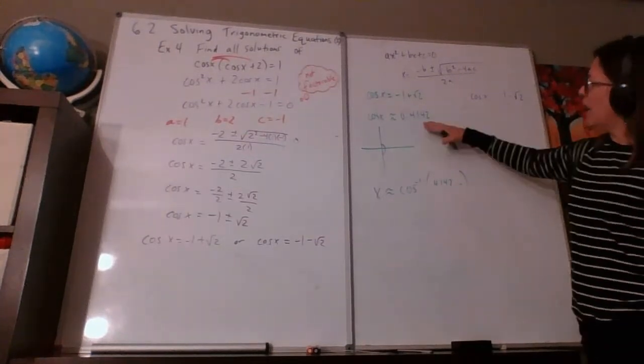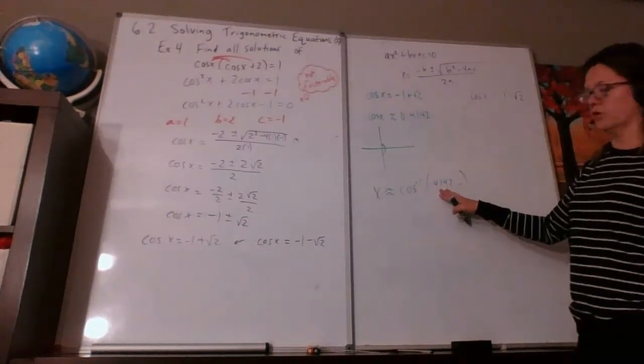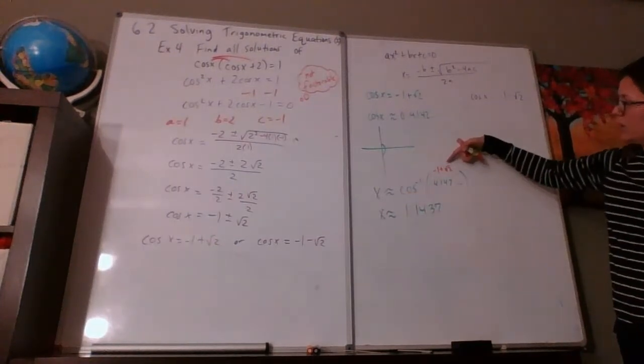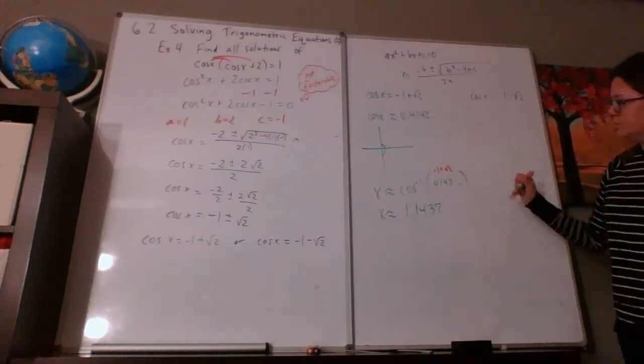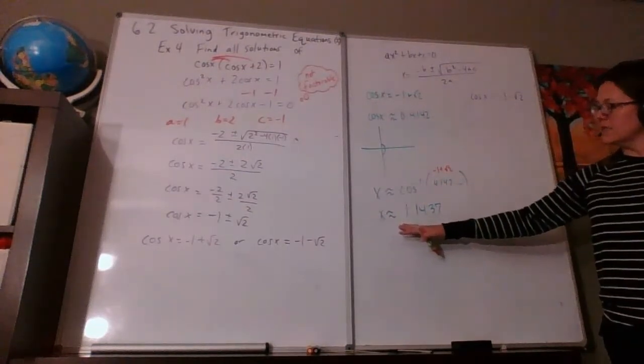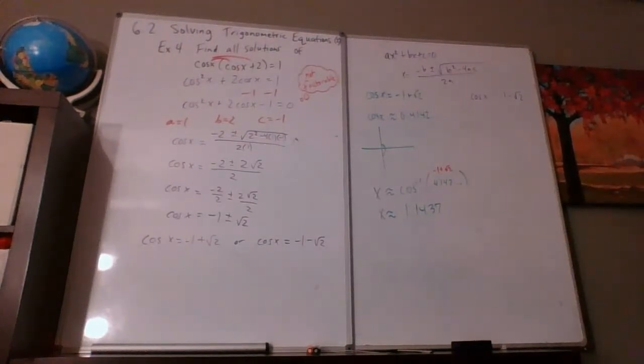So if you already had this in the calculator, you could go ahead and do cosine inverse of your answer. Another option is just to find the cosine inverse of -1 plus rad 2. Either way, we get x is approximately 1.1437. So that's the angle in quadrant 1.